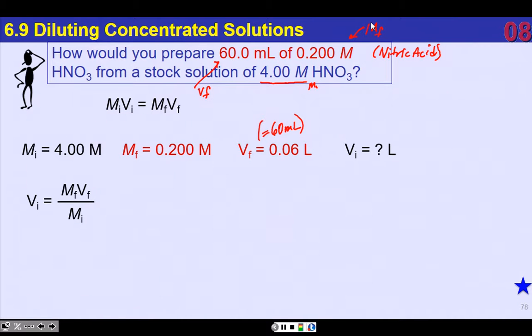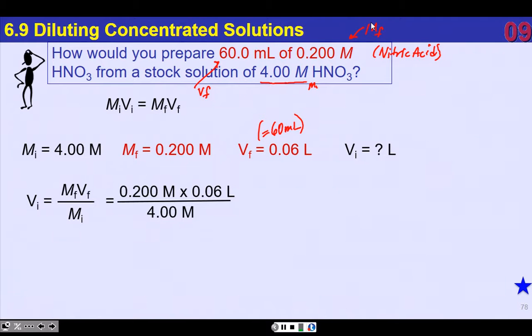The equation rearranges the same as we did on the last one. And so the molarity times the volume of the final solution divided by the molarity of the initial solution gets what we want. Plug in some numbers. Remembering you got to label them correctly or you won't know what you're doing. But molarity times volume in liters gives you moles, which is why we commonly use liters here.